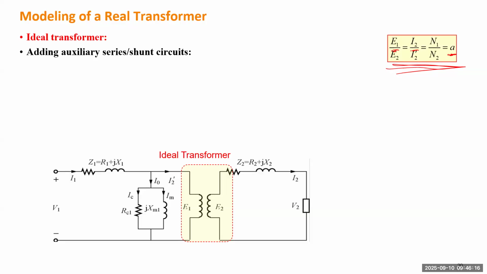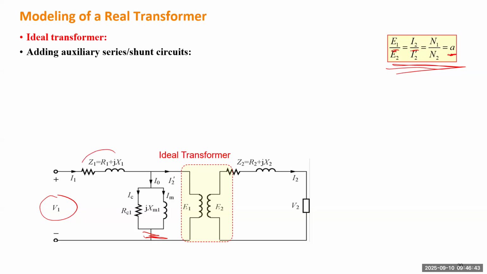In the box, there's an ideal transformer. Then we connect this ideal transformer to the auxiliary circuit on each side. On the source side, we have a source voltage, and we have these two branches to model the magnetizing current and also the eddy loss.